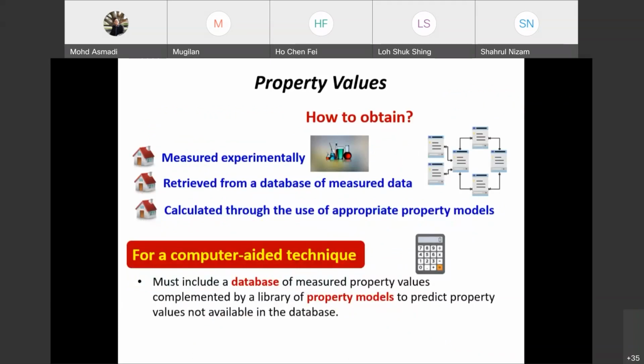Properties value, we look at here how to obtain property value. Measure experimentally, retrieve from a database of measured data, and calculate through the use of appropriate property models. So meaning that is something that we can measure. For computer-aided techniques for the design of molecular and mixture design, we must include a database of measured properties so that we can predict the property values, since sometimes not all are available in the database.